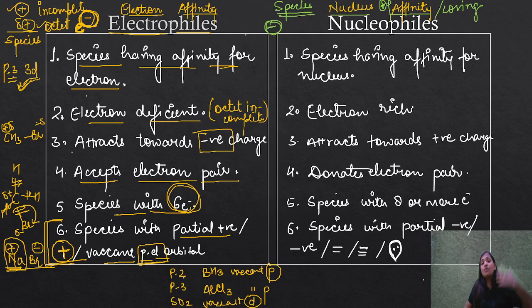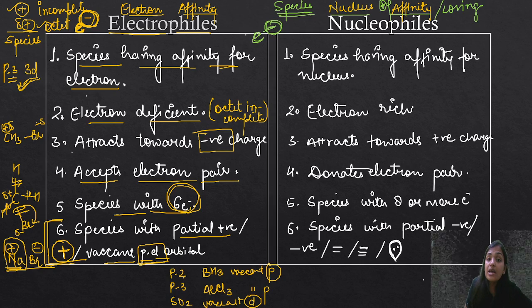Okay, so who will go towards the positive charge? Who will go towards the nucleus? Any species having a larger number of electrons, any species that is electron rich in nature, will go towards a nucleus, will show affinity for the nucleus, and therefore would be considered nucleophiles.